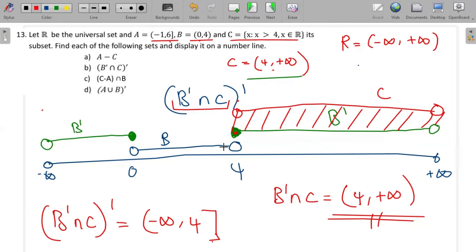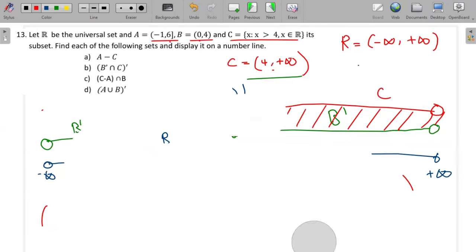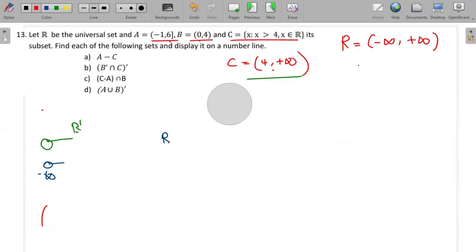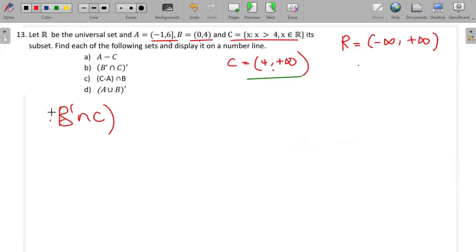But if you wanted, you could solve this in a different way. So I'm going to show you the different way. The different way is that we're first going to simplify the set that we've been given. So we have the complement of B complement intersection C. We can distribute this complement. Complement to the B complement, I get B. The complements cancel. Complement to the intersection becomes a union.